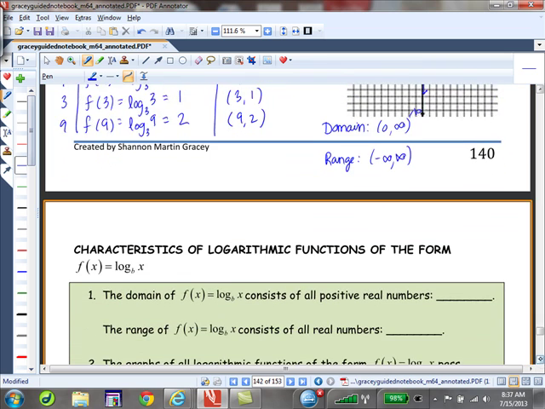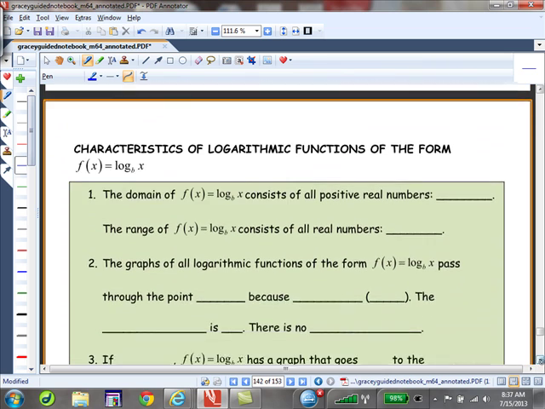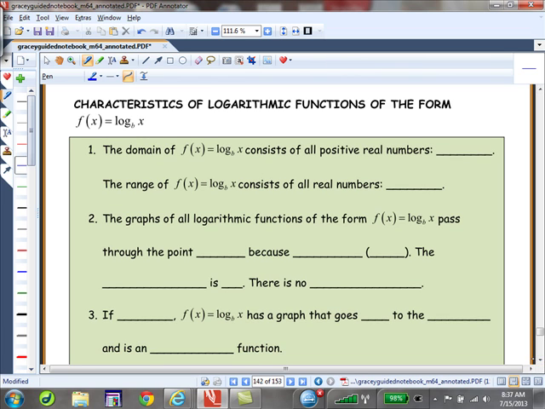So here we go. Characteristics of logarithmic functions of the form f at x equals log base b of x. The domain is all positive real numbers, so 0 to infinity, not including 0. The range is all real numbers.